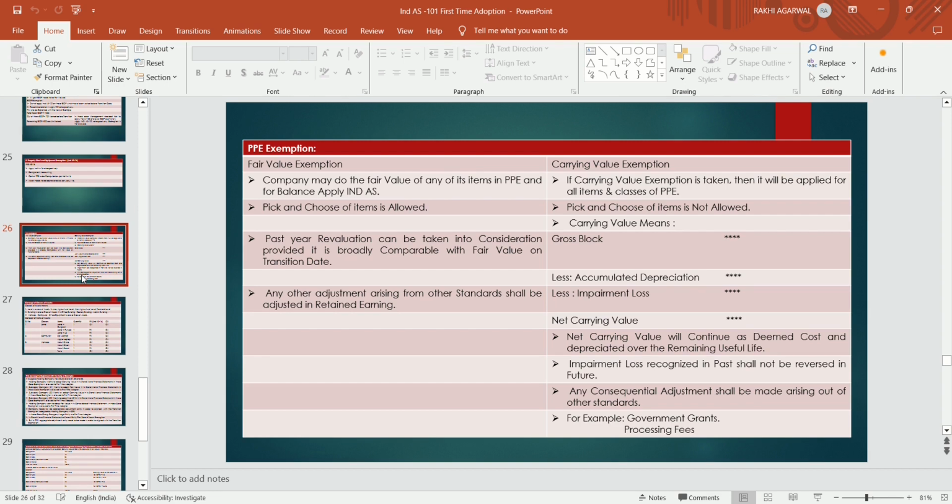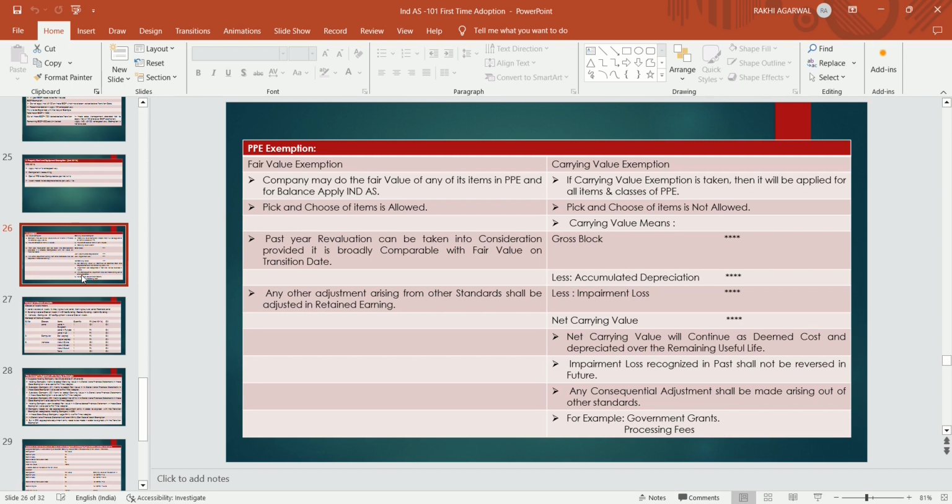Items means, we will explain what you mean by items and what the classes of PPE are. Items means, like there is vehicle 1, 2, 3: Maruti Desire, Honda City, Maruti Alto. There are different varieties of cars. These are the items.